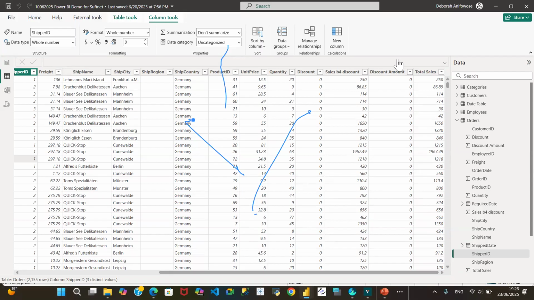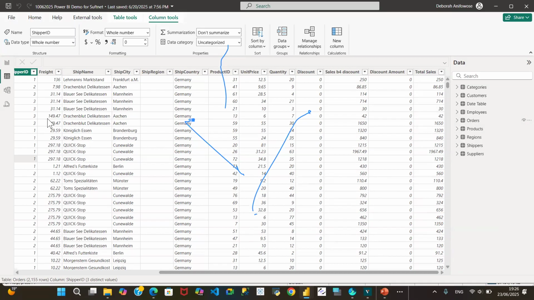Okay, so does that explain to us the idea of fact table and lookup table well enough? Do we get it? Because it's important to this part of the course. Is there anyone who's still in doubt as to what dimension tables are or what fact tables are? Fact tables are also called transactional tables, by the way.